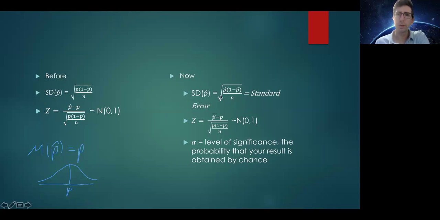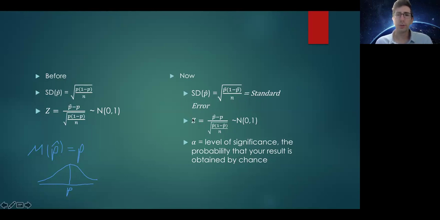We'll estimate the population proportion with its sample proportion, its estimate. So now the square root of p hat times 1 minus p hat over n is going to be something we call the standard error.